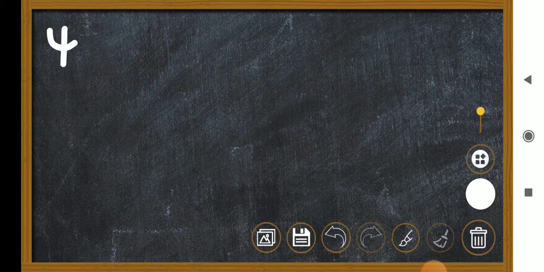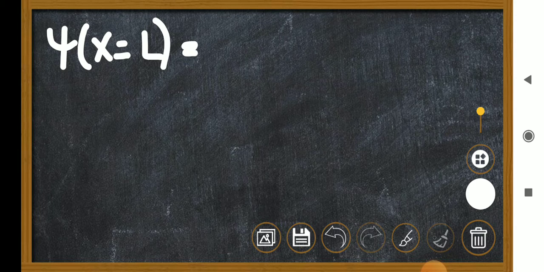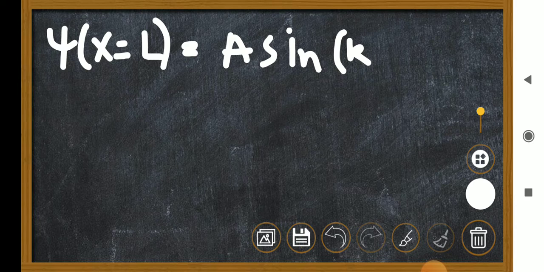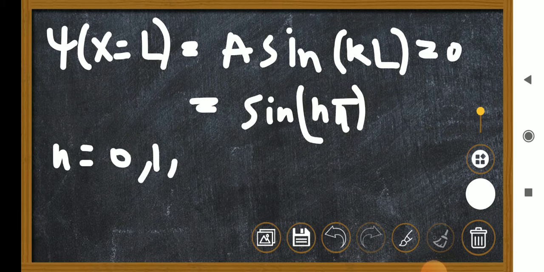Now, starting from that point, let us put x equals L: a sine kL, which equals 0, or which is also equal to sine of n pi for n equals 0, 1, 2, and so on.